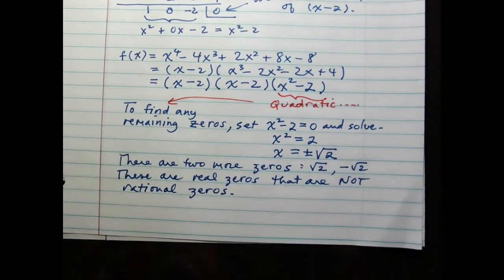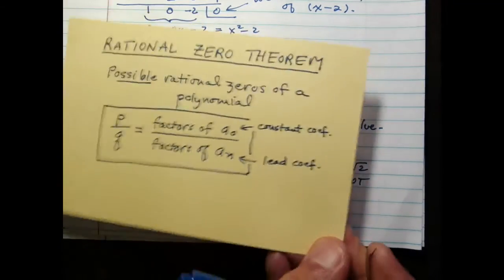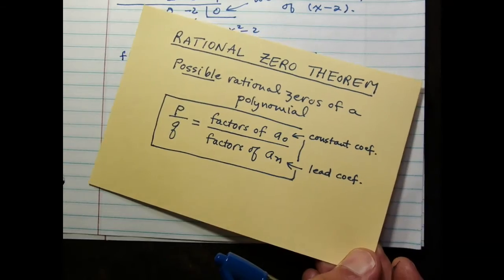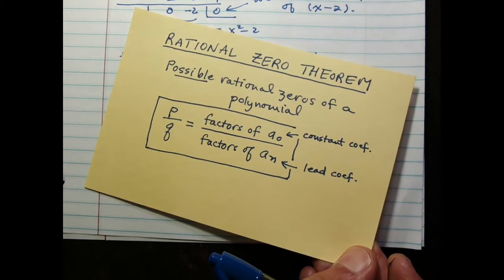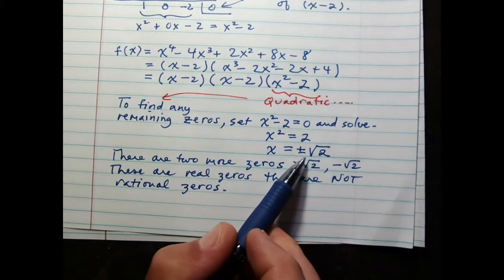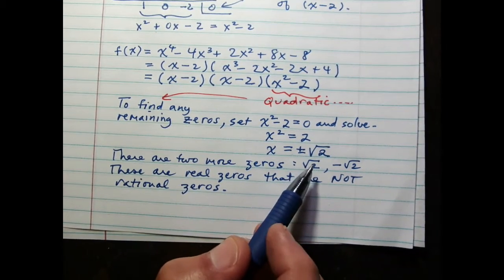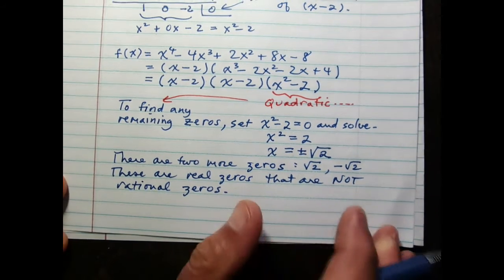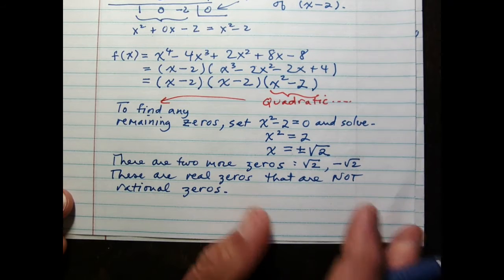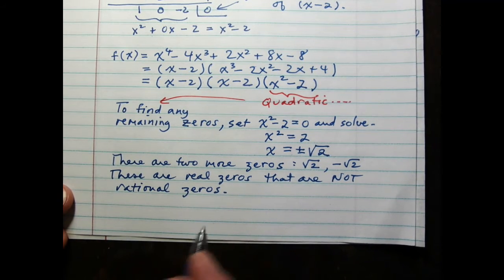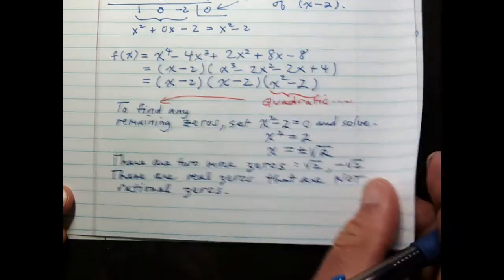So that rational zero theorem is limited in its use because it's only going to tell us about zeros that are either integers or fractions of integers. The rational zeros theorem is never going to tell us about these square root zeros. That's unfortunate, but that's just the way it is.